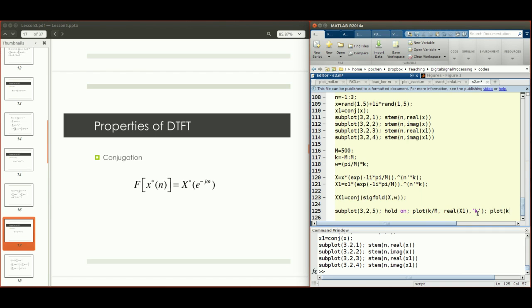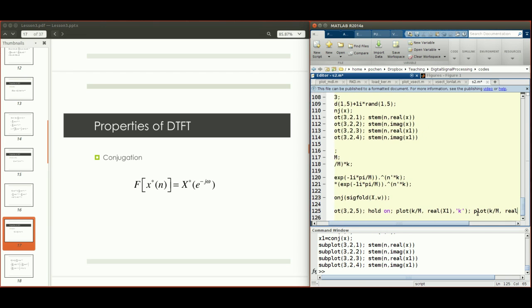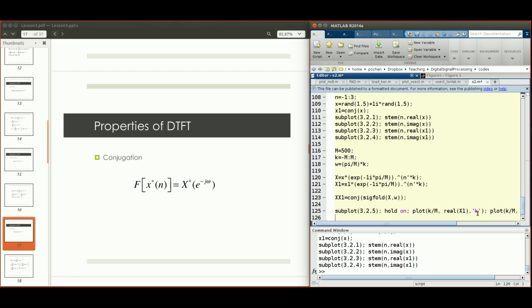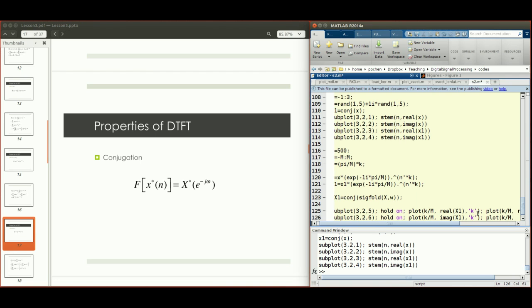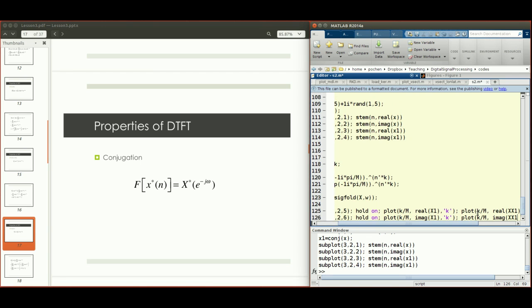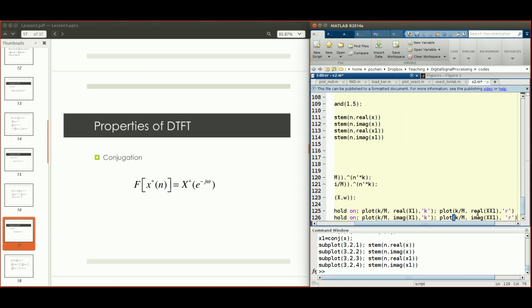And then plot k divided by big M, then the real part of xx1, using red. Subplot 3, 2, 6. Hold on, let's plot k divided by big M, imaginary part of x1, then plot k divided by big M, imaginary part of xx1. Let's use red.